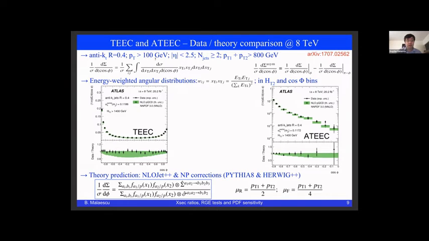This observable is essentially an energy-weighted angular distribution with the weights proportional to the transverse energies of the jets. So in an event, one takes all the pairs of jets and fills one entry for each of them as a function of this cos phi variable.